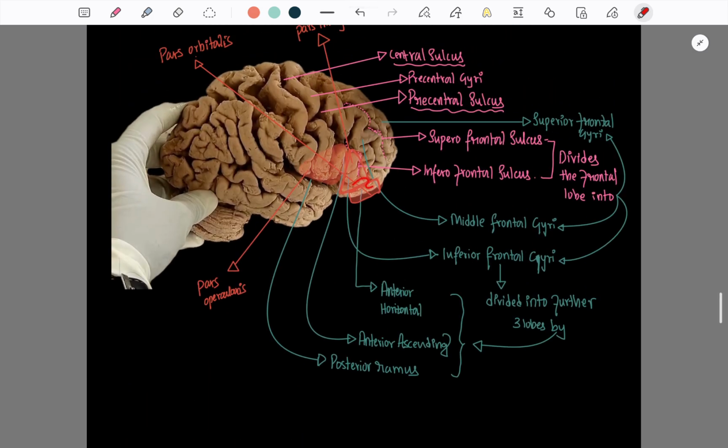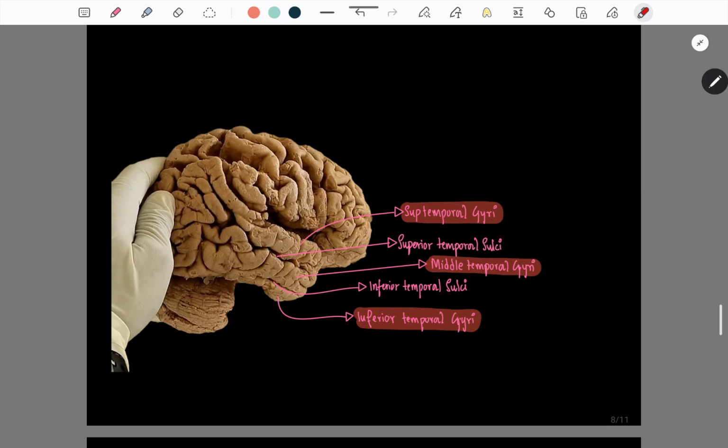How? See, this is anterior horizontal, this is anterior ascending. Below the anterior horizontal is called pars orbitalis. Between the anterior horizontal and anterior ascending is called pars triangularis. And between the anterior ascending and the posterior ramus is called pars opercularis.